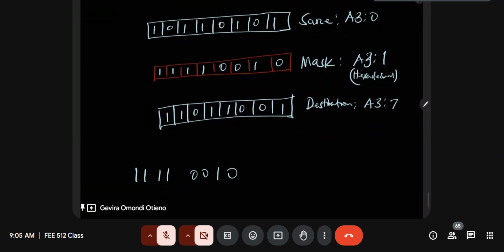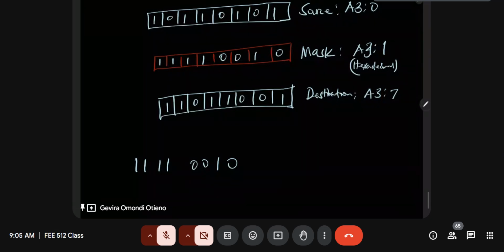If I want to do hexadecimal from binary, it's usually easy. I divide them into groups of 4. 1111 is 15, and 15 in hexadecimal, I think, is F. 0010, I think, is 2. So it means that the mask is usually written in hexadecimal format.